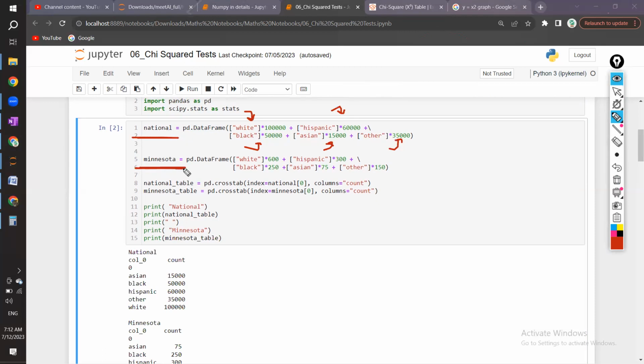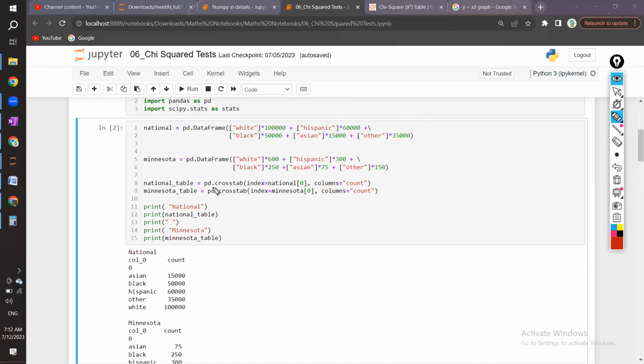If this is the population, Minnesota will be a small sample. These are the proportions of the races. Because it's a small state, you will have small values, 600, 300, 250. This is the overall national population.